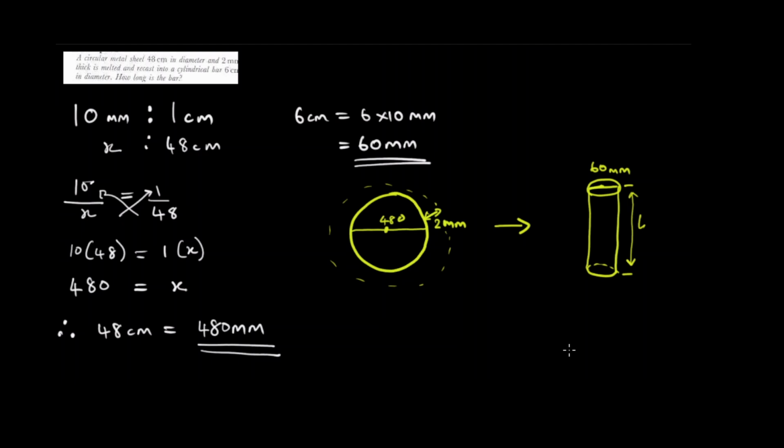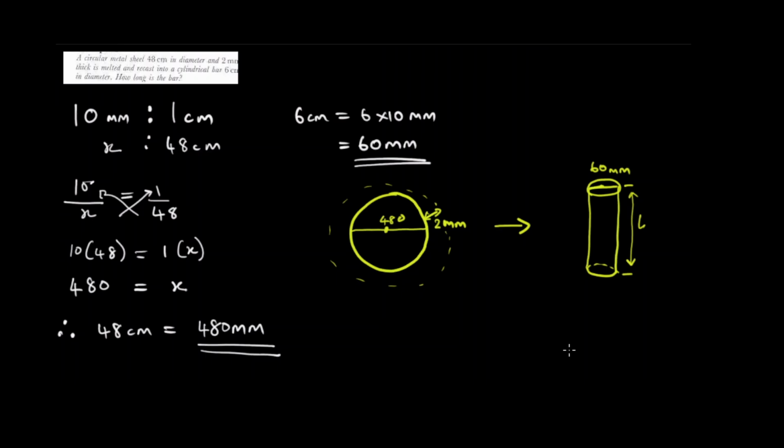So the first thing we have to do here is calculate the volume. As this question describes, we take that metal sheet to melt, and when we melt the metal sheet it becomes liquid. We take the liquid metal that has melted and recast it to make that bar. So the volume of our original metal sheet is not going to change.